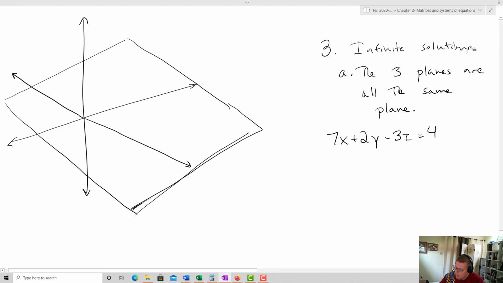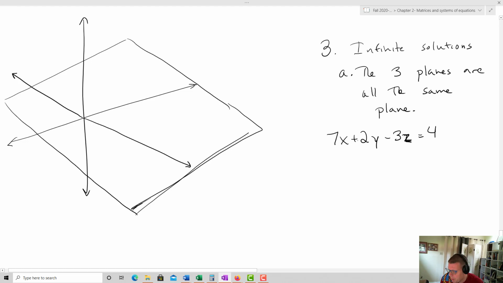So now, the fourth kind is this infinite number of solutions, but it's a different kind of infinite number of solutions. In this case, rather than the 3 planes meeting in a line, which will give us an infinite number of solutions, we're instead having that the 3 planes are actually all the same plane, right? And if they're all the same plane, what we can see right here is that we're going to get an equation in 3 variables, like 7x plus 2y minus 3z equals 4.